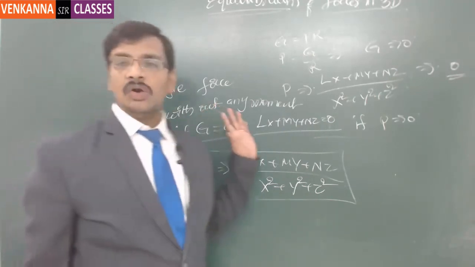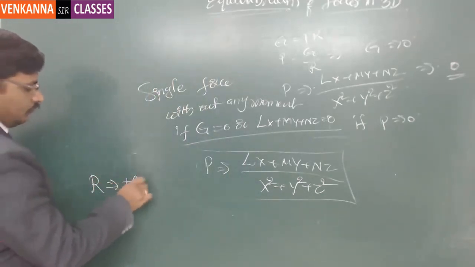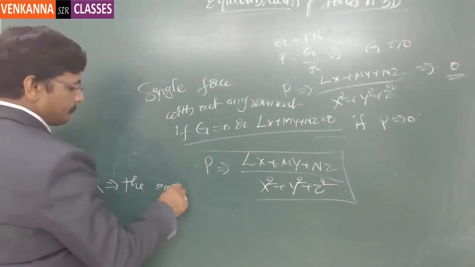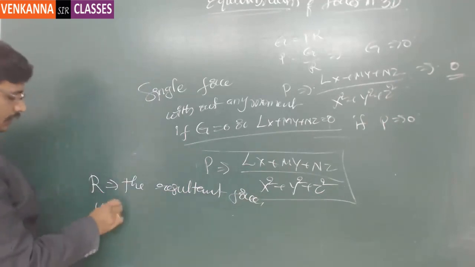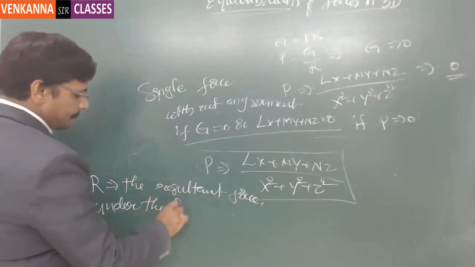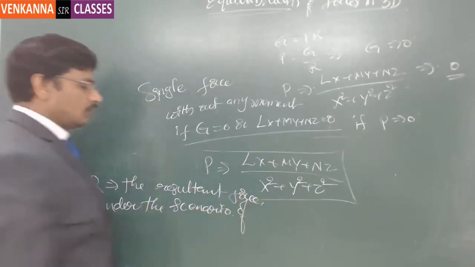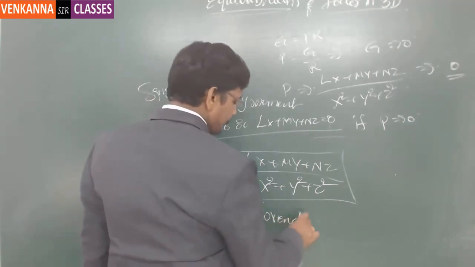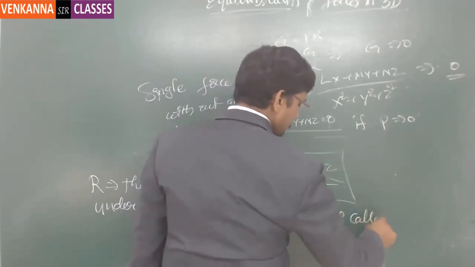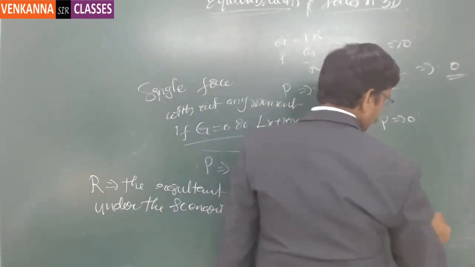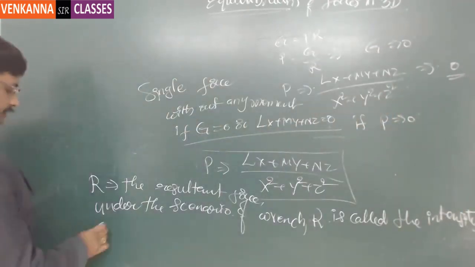So under the scenario of the wrench, R is nothing but the resultant force. Under the scenario of the wrench, R is called the intensity of the wrench.